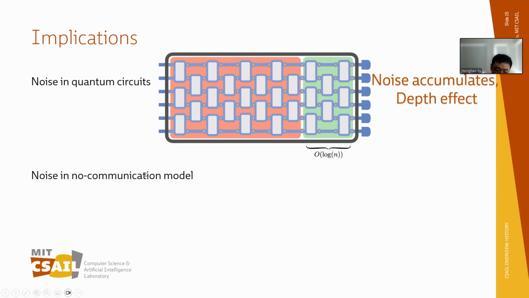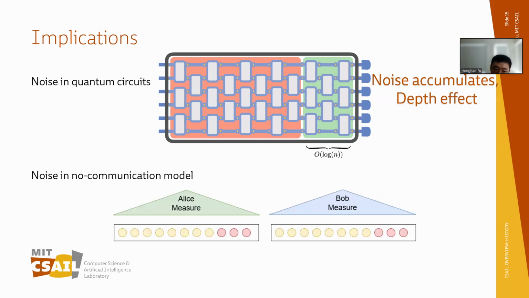But in the non-communication model, only the EPR pair is subject to noise. And the measurements can be of arbitrary depth, and they are all accurate. So you don't have noise in the measurements. So effectively, after you apply this depolarizing noise, only the yellow qubits are still working, and the noise effectively kills all the red qubits.